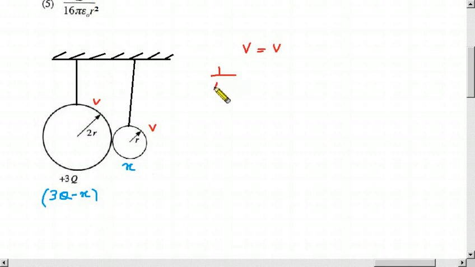So we can equate voltages of these two spheres. So 1 over 4 pi epsilon naught. We don't have to write these things as previously. We can directly write 3q minus x divided by the radius 2r equals x divided by r.